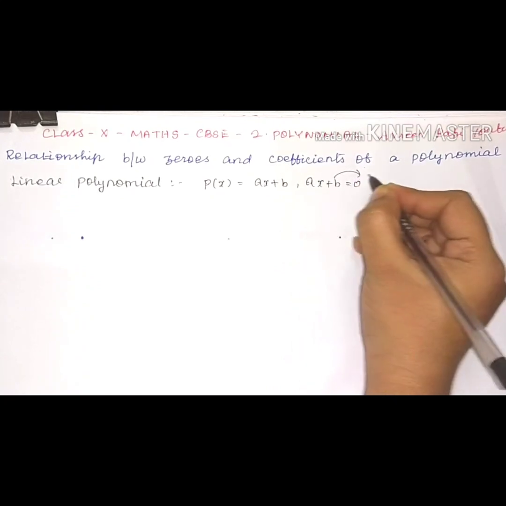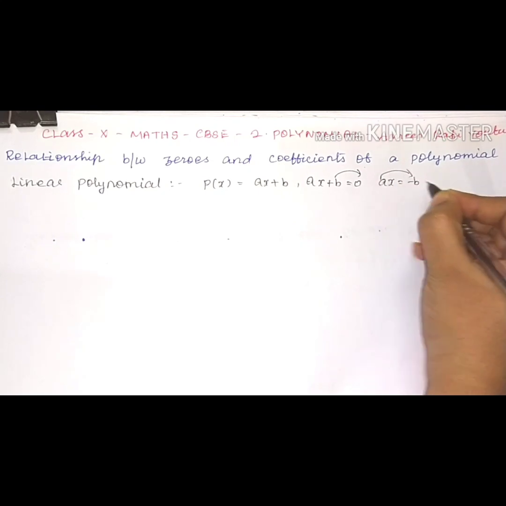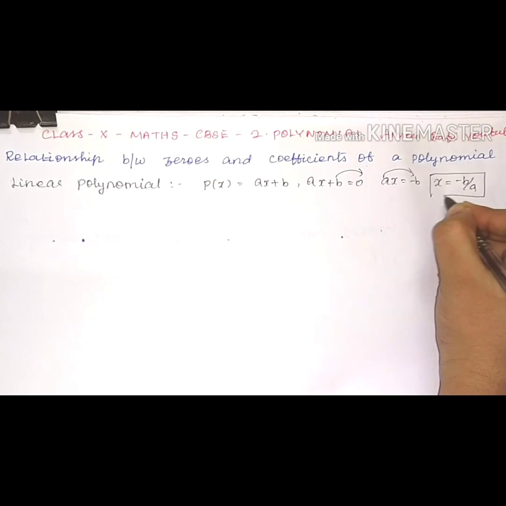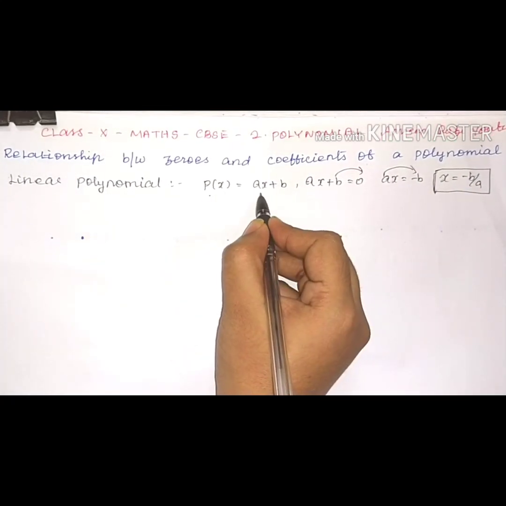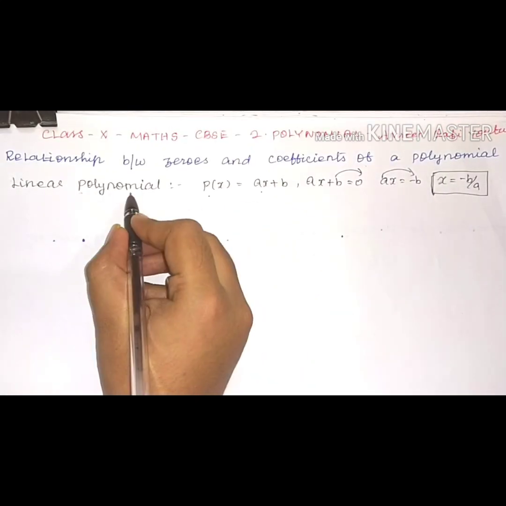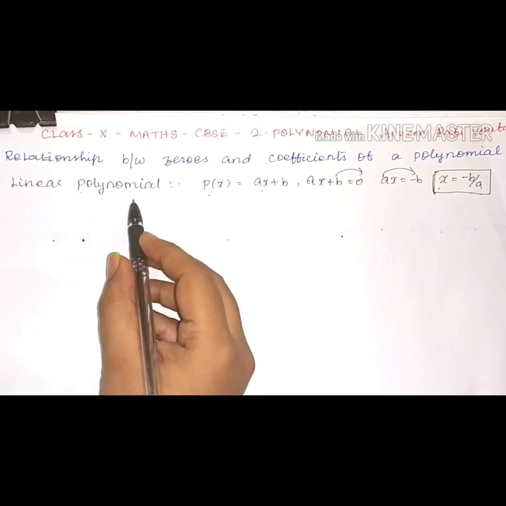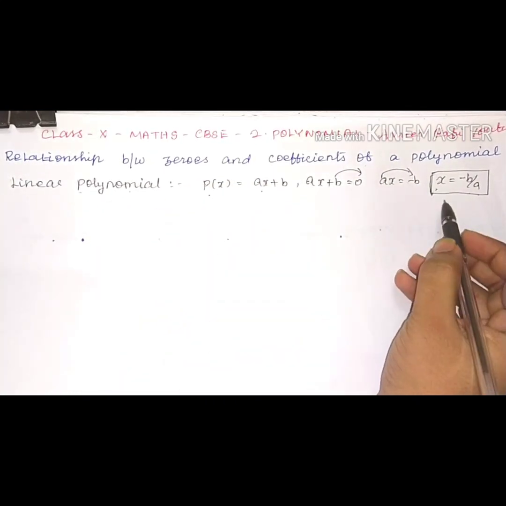Transfer b, so ax equal to minus b, then transfer a, so x equal to minus b by a. I already told you, a zero is nothing but an x value. So the zero of a linear polynomial is minus b by a. A linear polynomial has only one zero, only one x value.